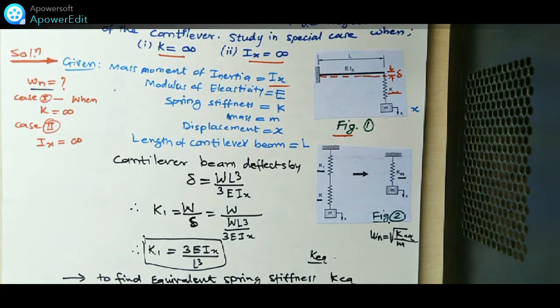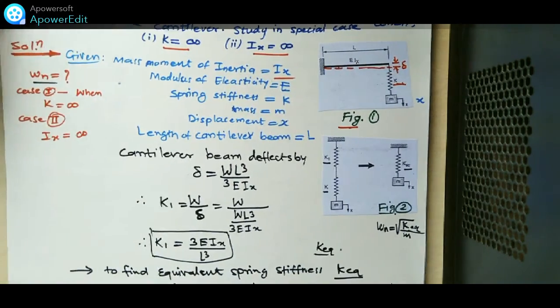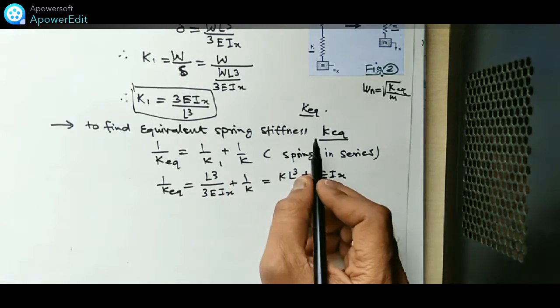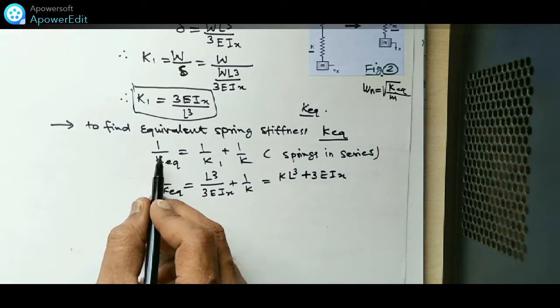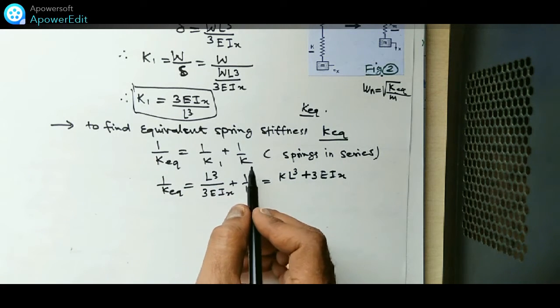So again, just rewriting this: KL cube plus 3EIX here. To find the spring stiffness K equivalent, 1 by K equivalent is equal to 1 by K1 plus 1 by K, springs in series.